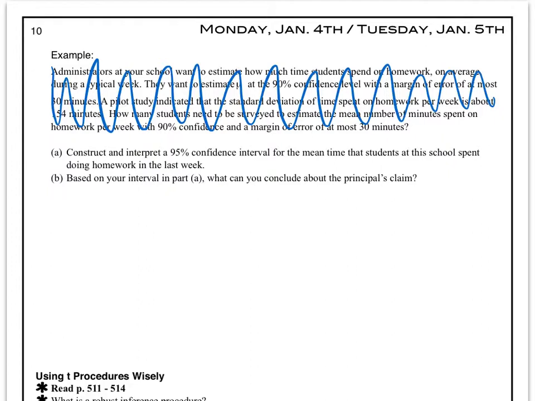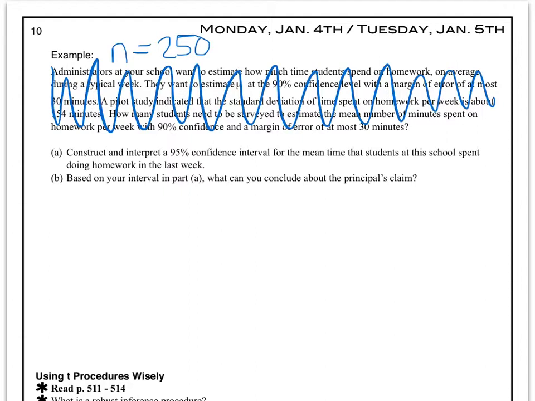The principal at a large high school claims that students spend at least 10 hours per week doing homework on average. To investigate his claim, an AP statistics class selected a random sample of 250 students from their school and asked them how long they spent doing homework last week.